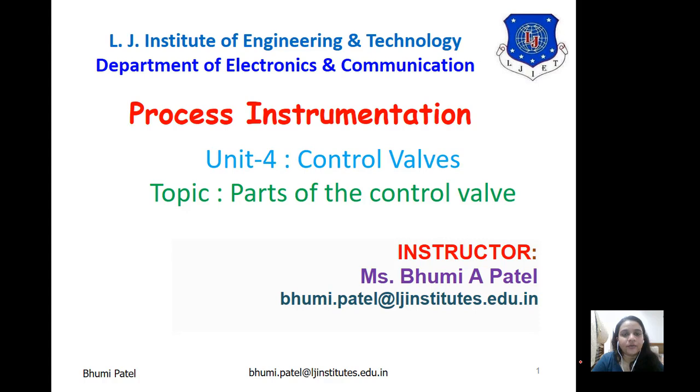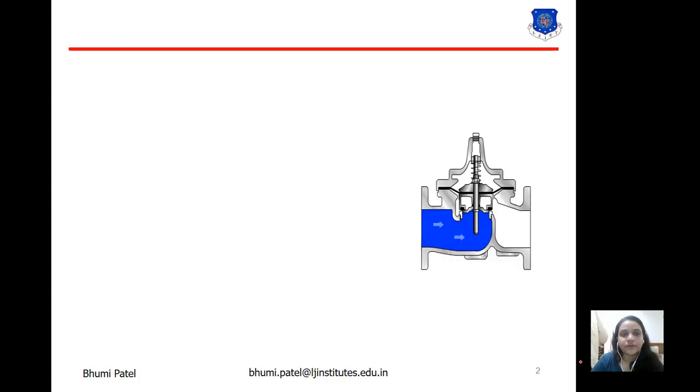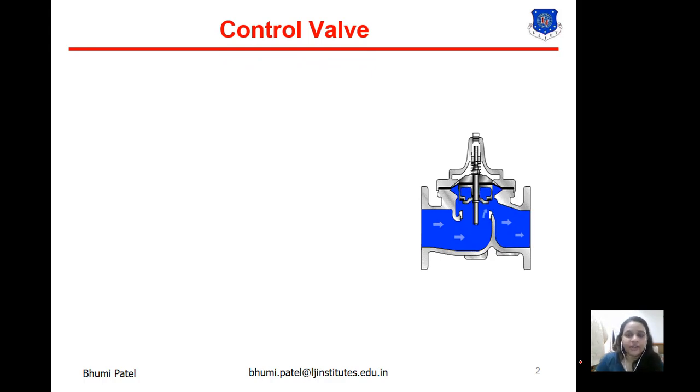Today we are going to discuss the parts of the control valve, Unit 4, Control Valves. In the last session we studied what a control valve is, the definition and importance of the control valve, how to connect the control valve in the system, and the stability requirement for the control valve.